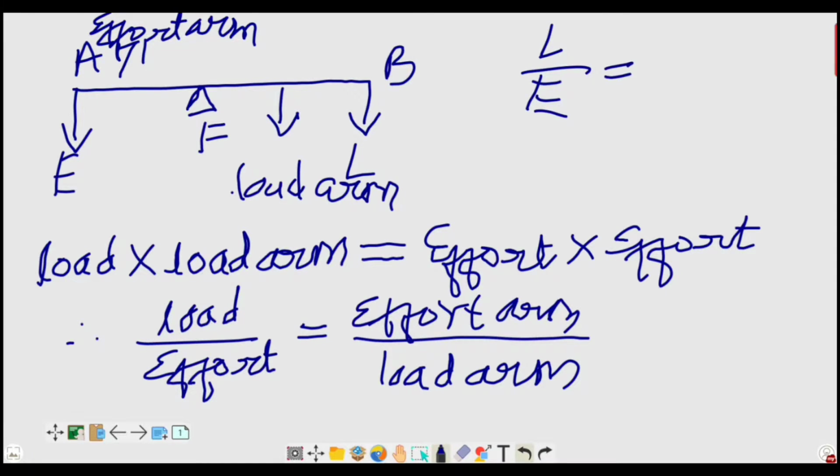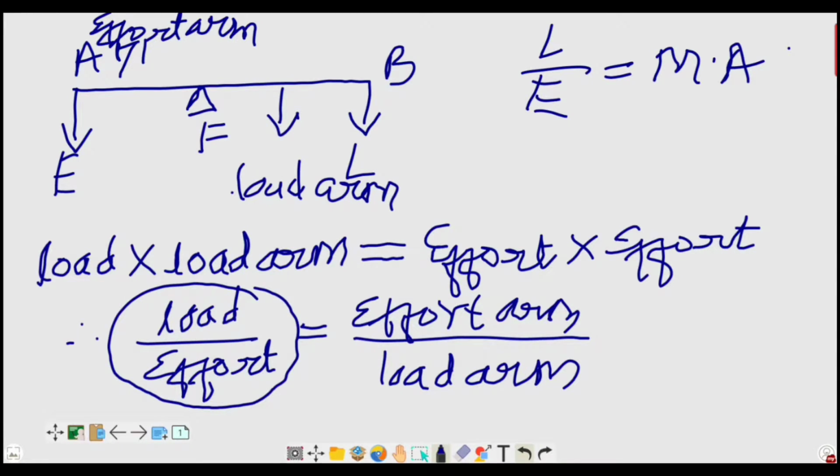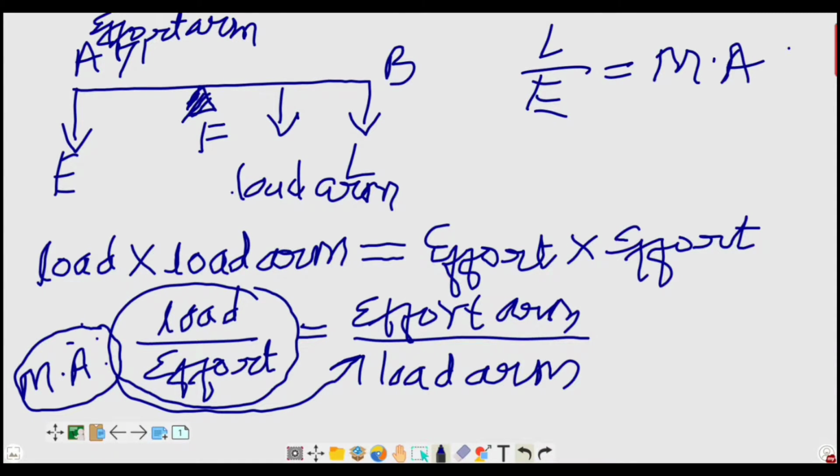Load upon effort is mechanical advantage. So when you substitute mechanical advantage, the mechanical advantage of the lever is effort arm upon load arm. Now, depending upon the position of fulcrum, there are three classes of lever. Let's discuss each class in detail now.